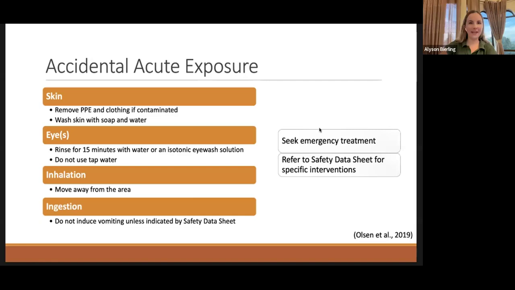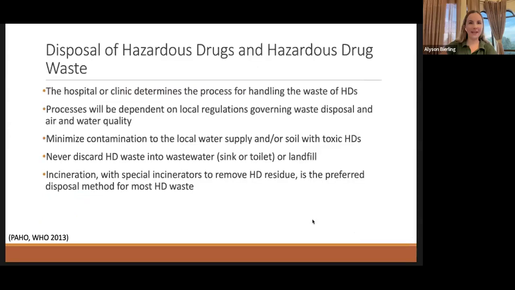So after chemotherapy has been mixed and administered, and we need to dispose of the waste produced at those steps, we need to be careful with how we're disposing of everything that has been exposed to chemotherapy.